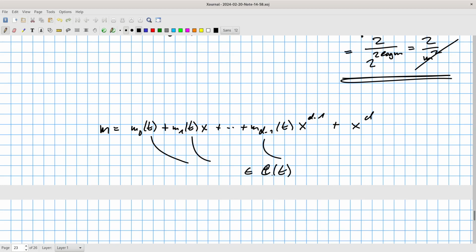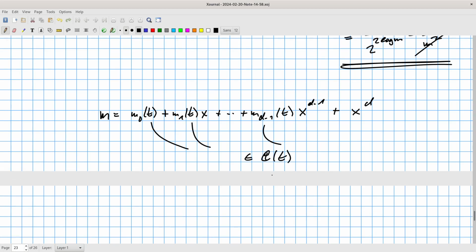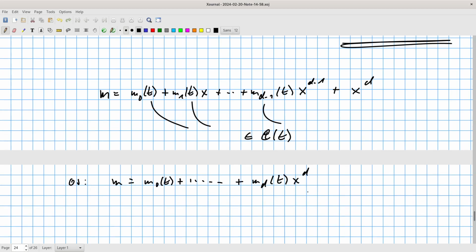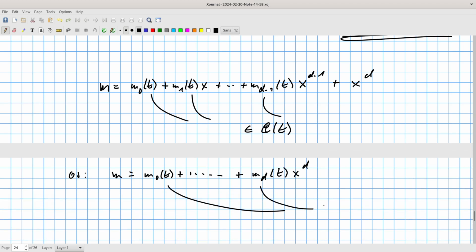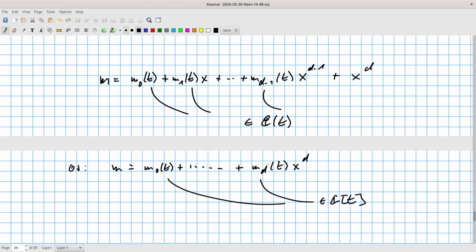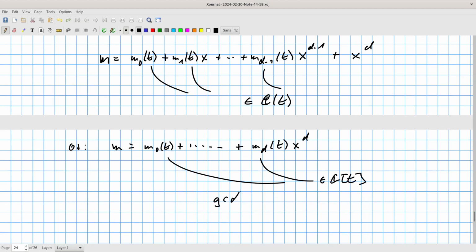That's one way of viewing it, but you can also clear the denominator and say m is m0(t) plus ... plus md(t)x^d, where these coefficients now are polynomials, but with no content, so the GCD of m0 through md is 1 in C[t].